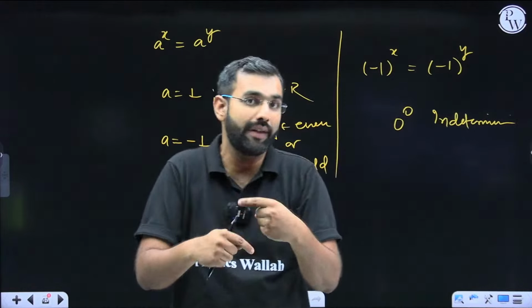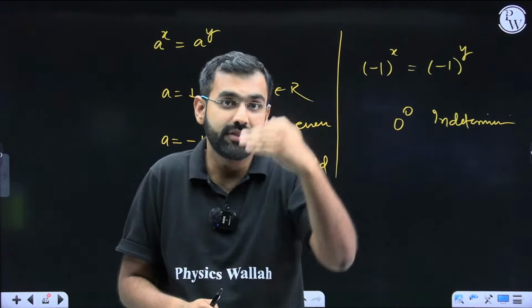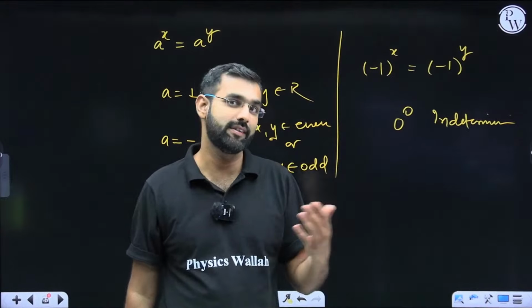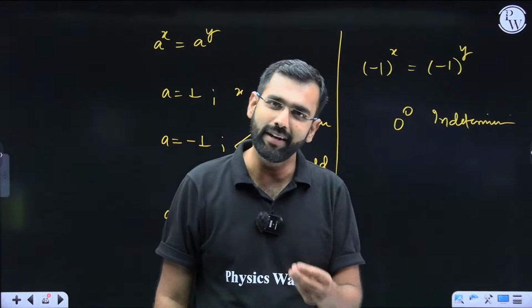But indeterminate forms are, for example, 0 upon 0, 1 to the power infinity, 0 to the power 0. We cannot figure out the value of 0 to the power 0, because logic may say that anything raised to the power 0 is 1, but some of you may say 0 to the power anything is 0. So it is either 1 or 0.